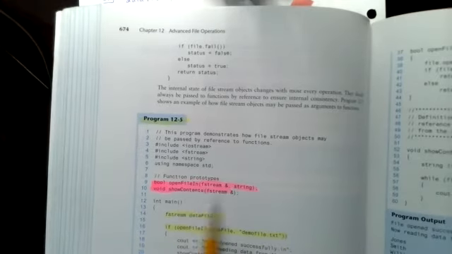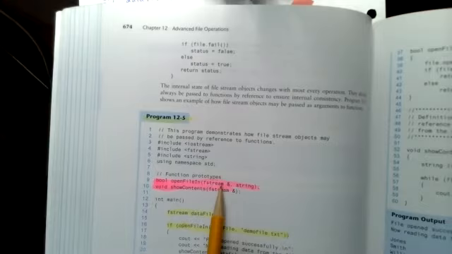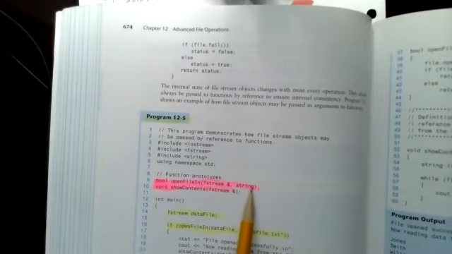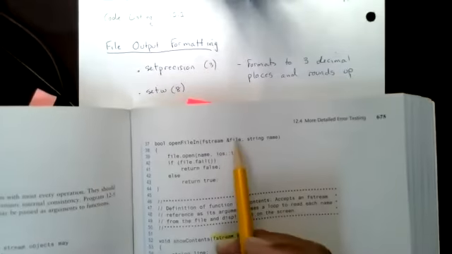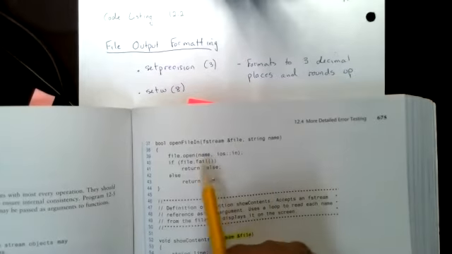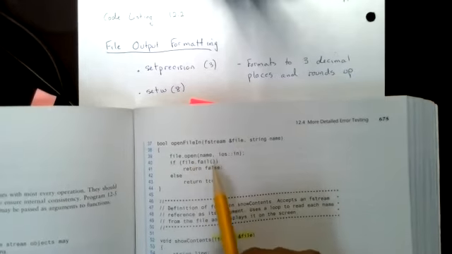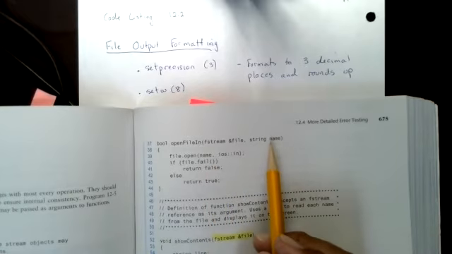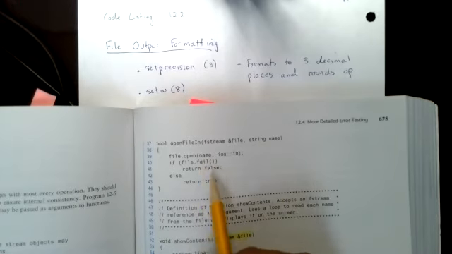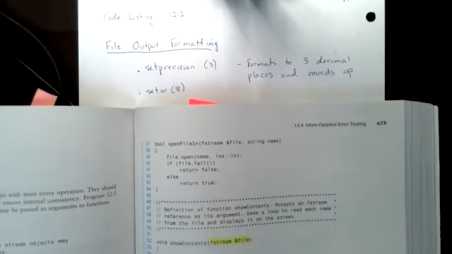I want to show the contents. Here's the name of the file. Here's a string being passed in as well. So when I came into the method over here, I brought in the file and a string. The string was the name of the file. So I opened the file up.